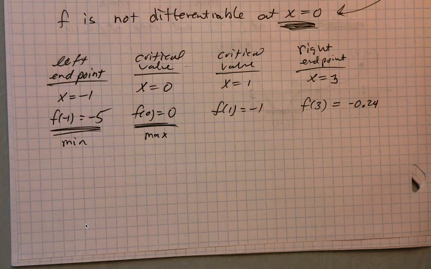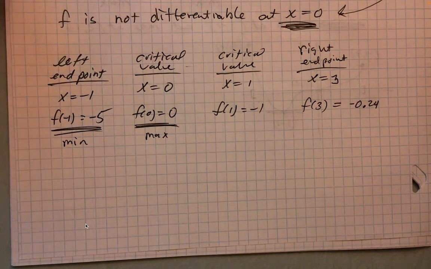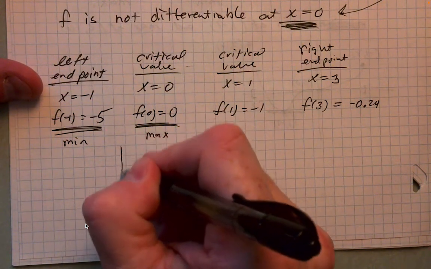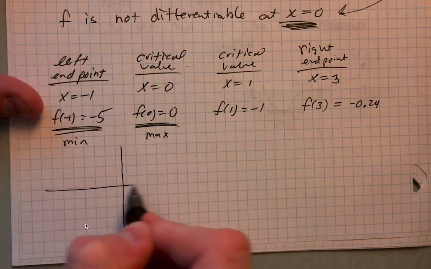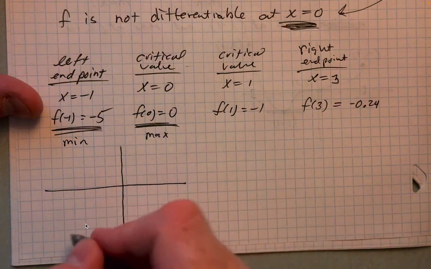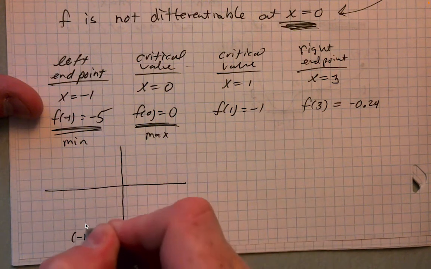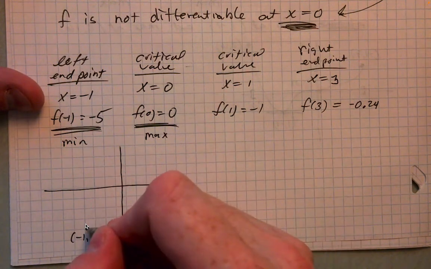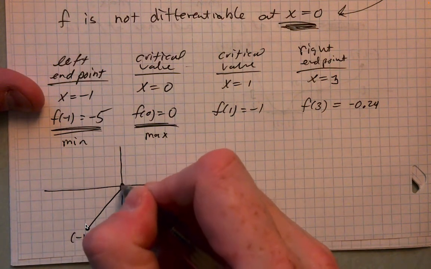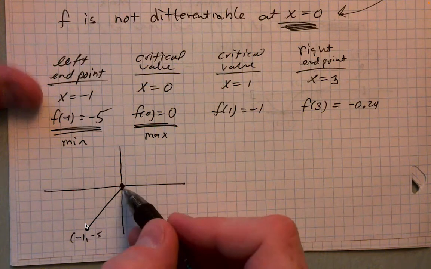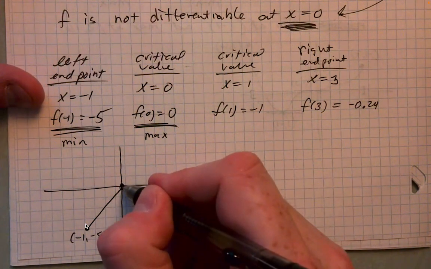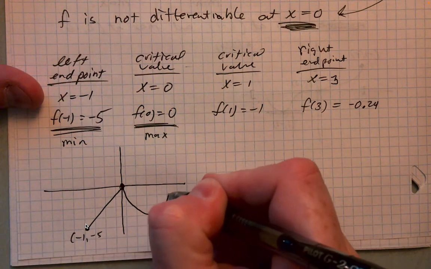And then at this point, you just pull out your graphing calculator, graph the thing, take a look at it, or dial the function in at Wolfram Alpha or something and see what it looks like. And so when you do that, this is what it looks like. So down here at -1, -5, you do have a minimum. And then the function comes up to 0, 0. And this is the non-differentiable point, because the function acts really funny here, and it comes back down and goes like this.